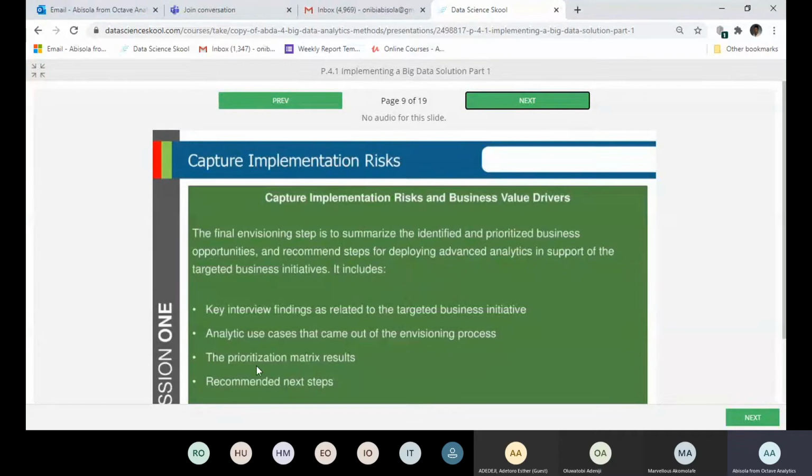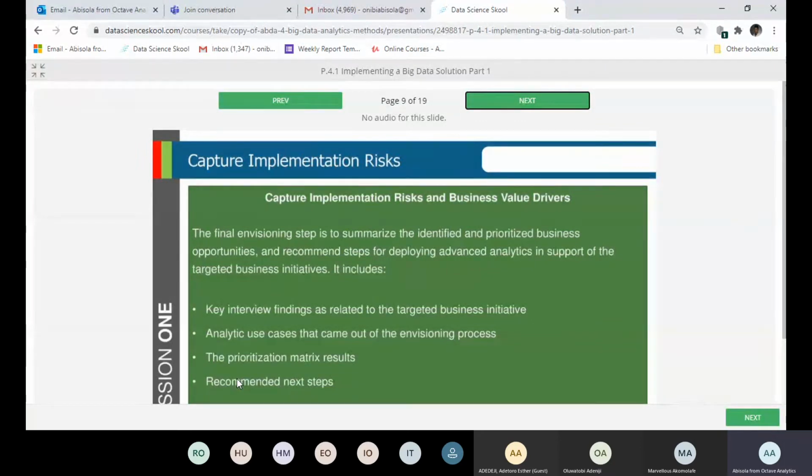Use cases are the different analytic solutions. So which of these use cases are most important, which are less important? That is what is involved in this prioritization matrix, which I'm going to explain in detail. Then you're recommending next steps. So now, what are the next steps we take based on all of these things that we've documented? So that is the capturing phase or the documenting phase.